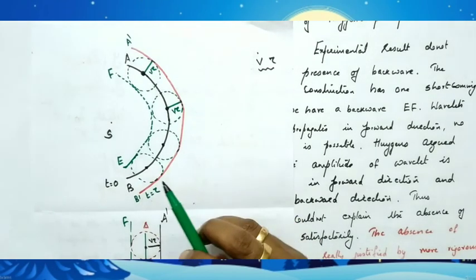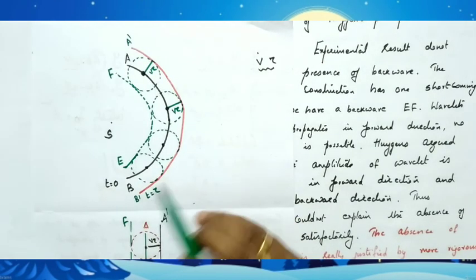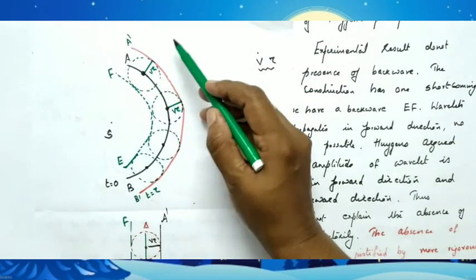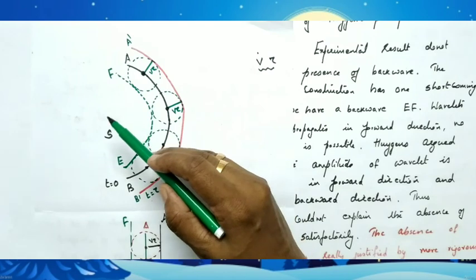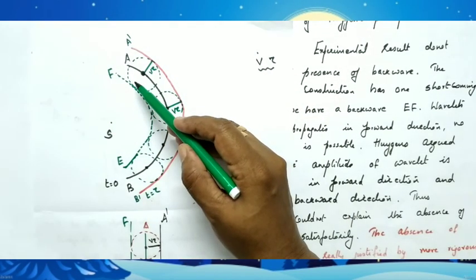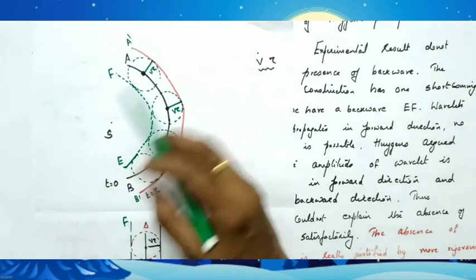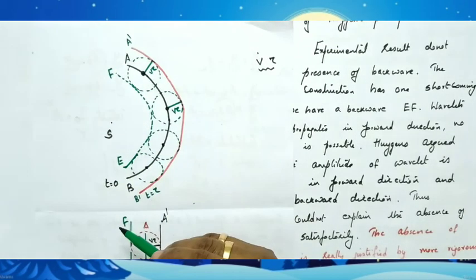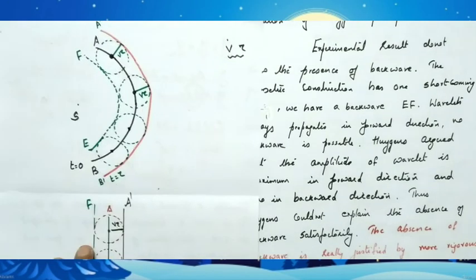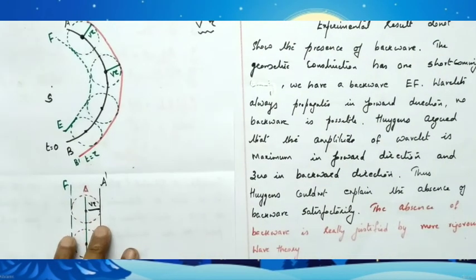So that is the main limitation of Huygens' principle. Huygens just argued that the amplitude is maximum in the forward direction, that means light is traveling in the forward direction only, and the amplitude in the backward direction is 0. That slightly explained the absence of the back wave. But why that amplitude is 0, he could not explain.